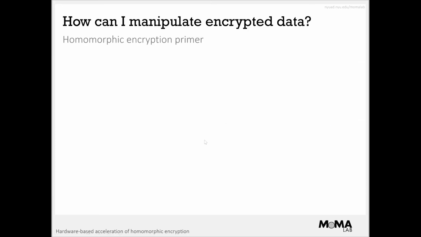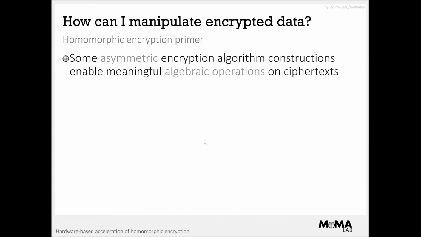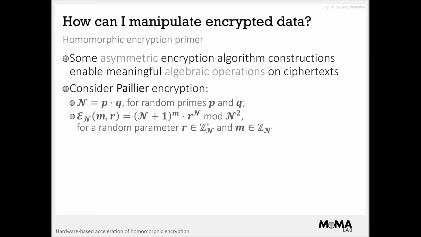All right, so homomorphic encryption, as I said, manipulates encrypted data, right? And this is magic to an extent, but behind magic, there's typically mathematics. There's a specific asymmetric encryption algorithm whose construction allows these operations to happen on ciphertext. And this one-to-one mapping is actually where the term homomorphic comes from: the operation in the plaintext has a homomorphism to the operation in the ciphertext.